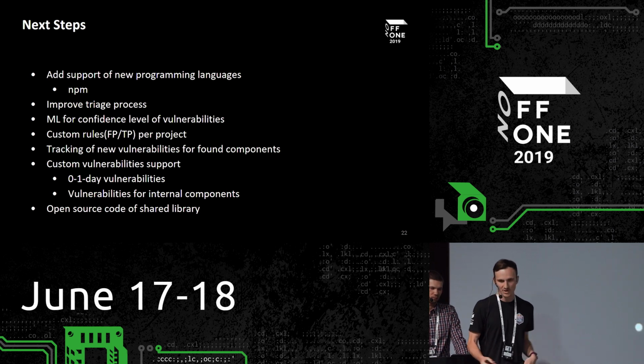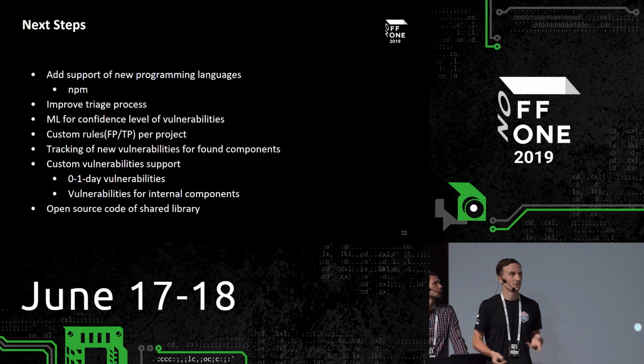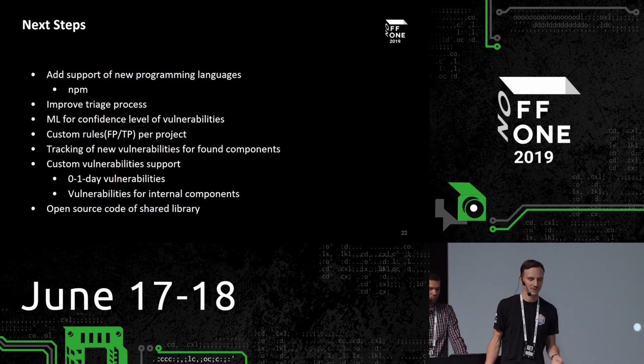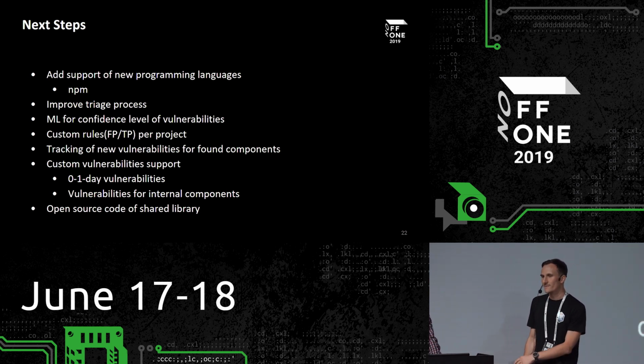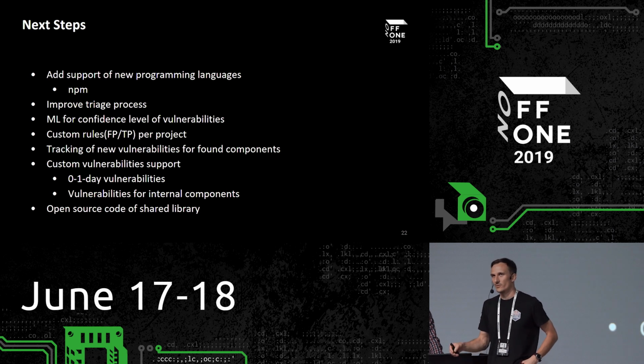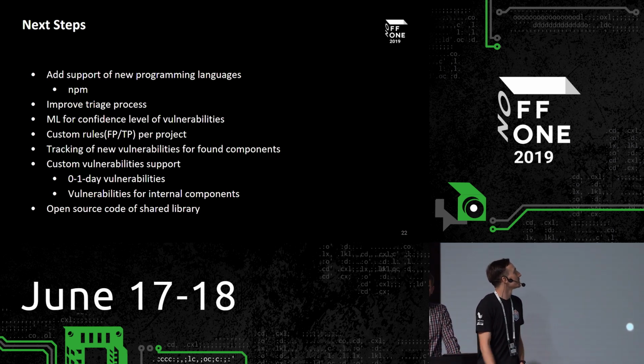We want to improve our triage process, make the interface better, maybe add some confidence level, machine learning possibly, and help teams see what could be a false positive and what is not.